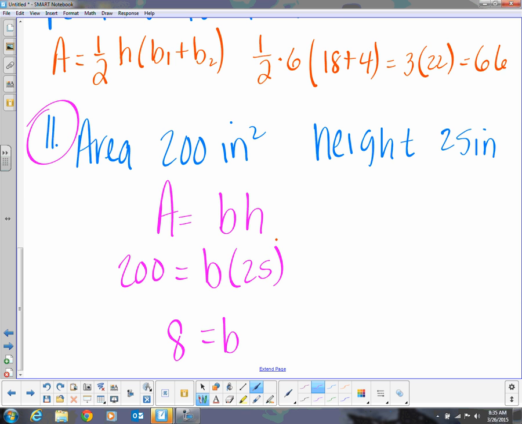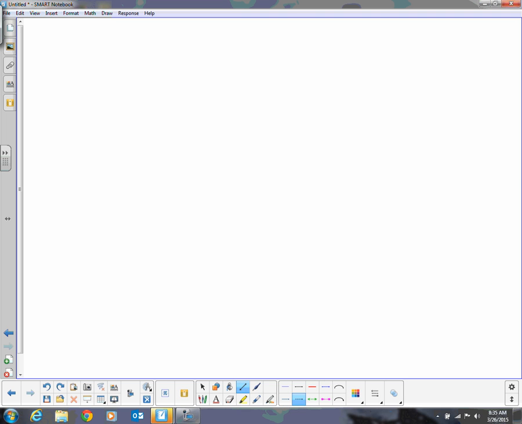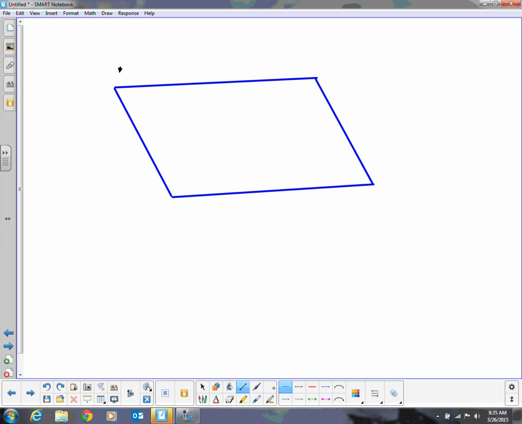Number 1. Oh, we haven't done one like this. All right, number 1. Okay, here's my parallelogram. That's perpendicular. They told us that this is 5.